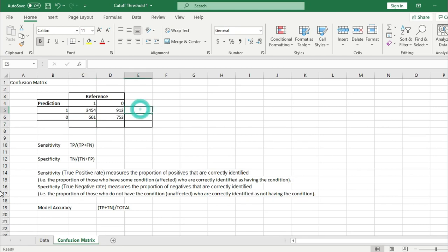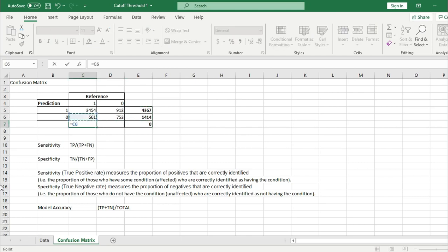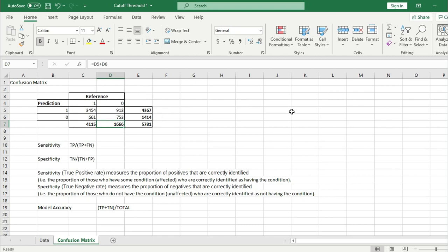Now we have just to add these columns. We have to add this column and then add this one and add this one. So we have completed our confusion matrix, and then we are ready to compute some metrics of the goodness of the models.